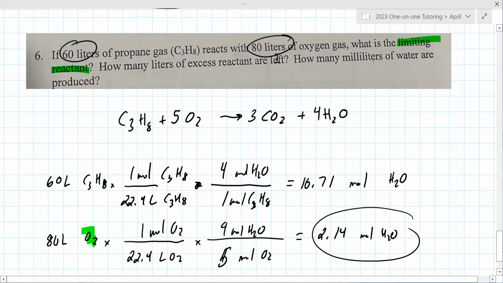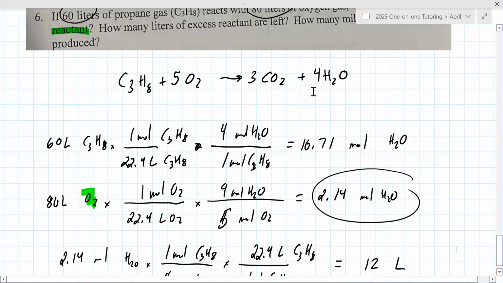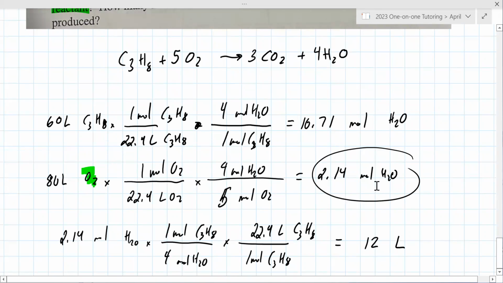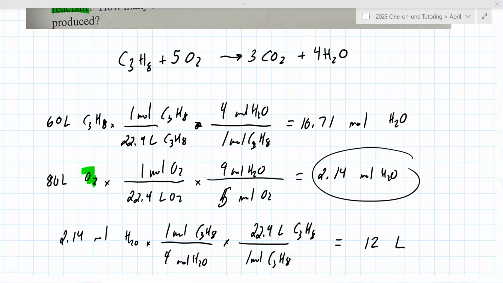But let's check the other one here. How many milliliters of water are produced? So we know that 2.14 moles of water. 1 mole is 22.4 liters, and then we convert. That's not going to be right.